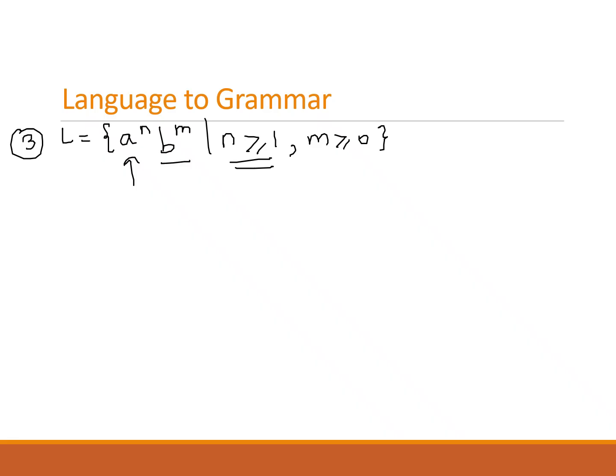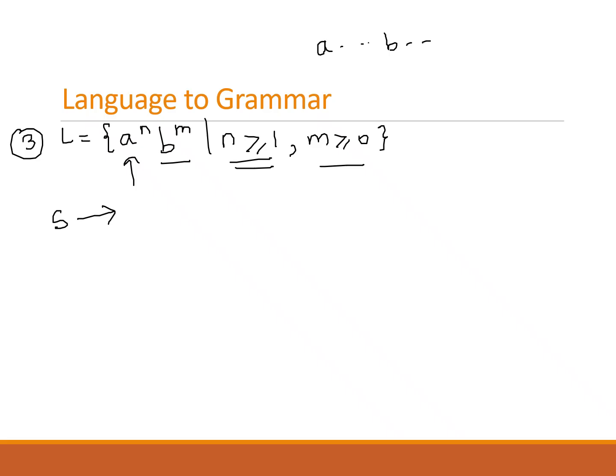Followed by B, how many B's? We can have 0 or more B's. Now, if you look at this language, we need to have A's first and then B's. We cannot have B at the beginning. So, whenever we write the production rule, it should be written such that it accepts only the strings which will be valid for this given language and do not accept any more extra strings.